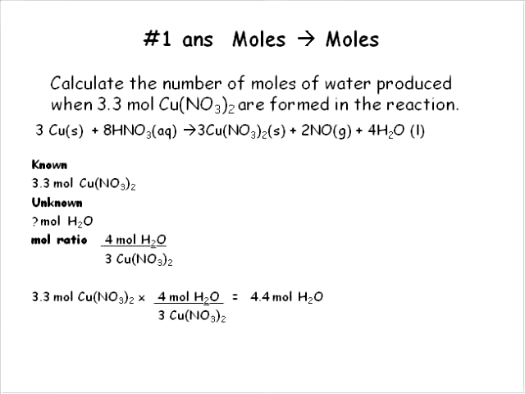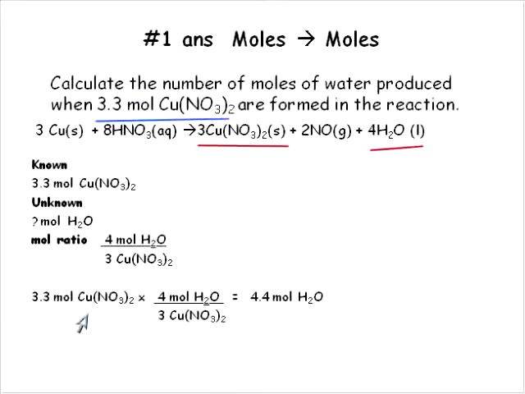Okay, so we know we have 3.3 moles of copper nitrate, and we're looking for moles of water. In our mole ratio, what we're looking for goes on top. So for every 4 moles of water produced, 3 moles of copper nitrate is also produced. Here's our mole ratio.